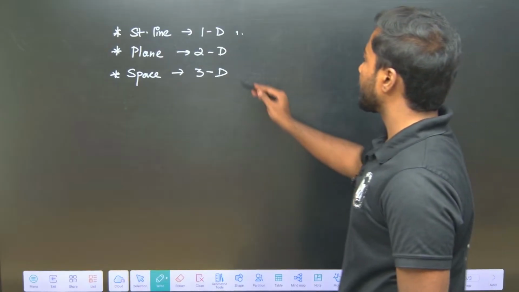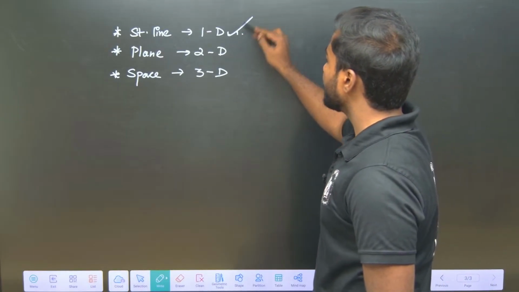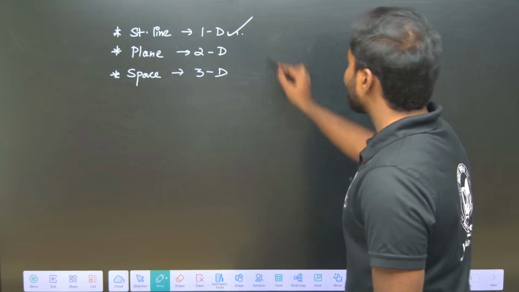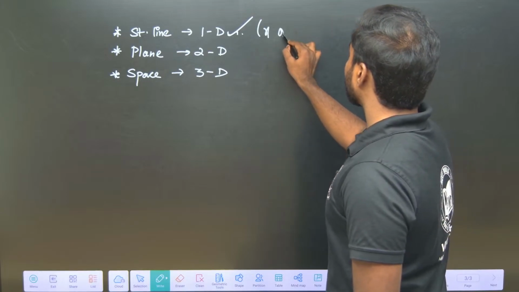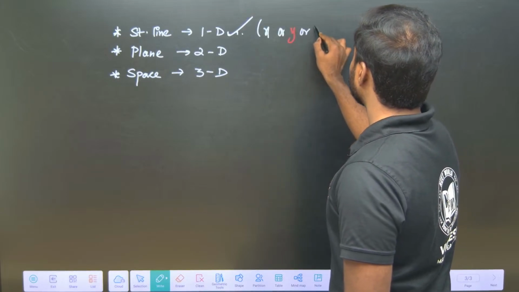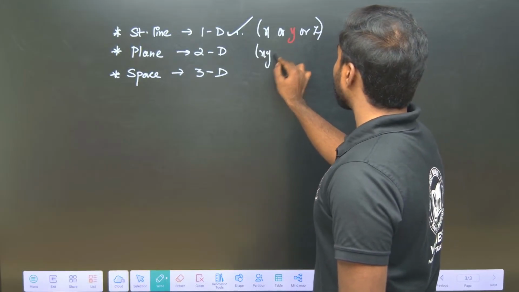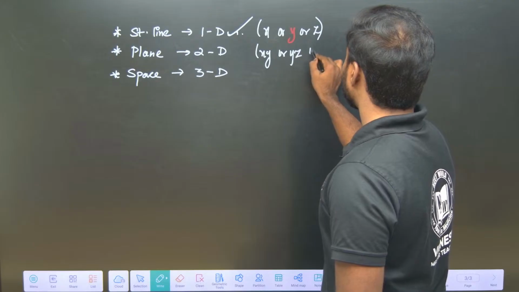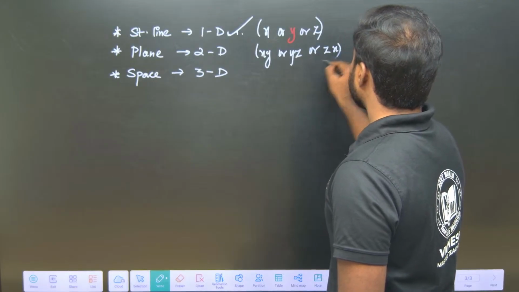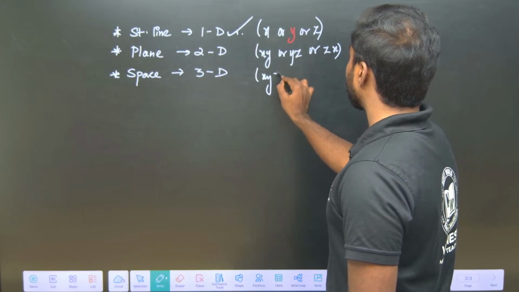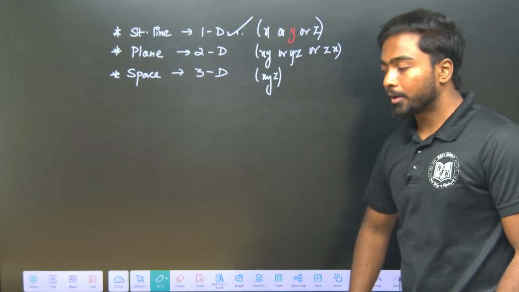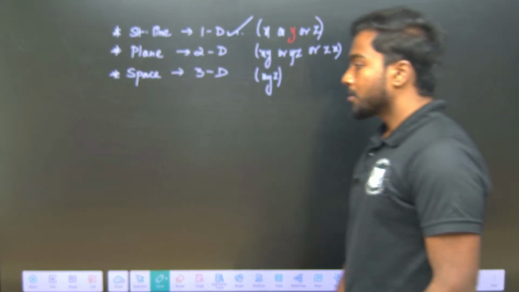In this particular topic we are going to deal with straight lines only, that is either x or y or z, whereas for a plane it is xy or yz or zx, and in space xyz.